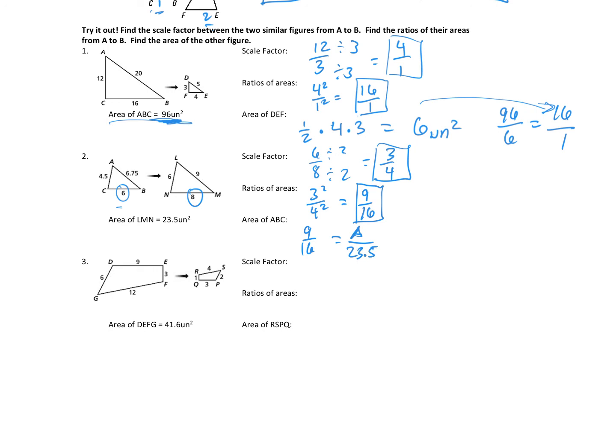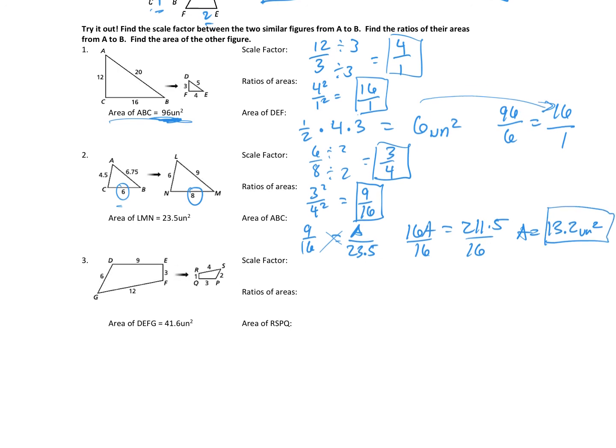I'm going to cross multiply, and that will give me my area. So 16A should equal 9 times 23.5, which gives me 211.5. Divide both sides by 16. My area should equal about 13.2 units squared.